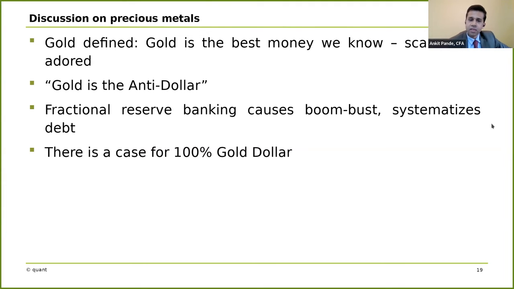And this is really the case for a 100% gold-based currency. And of course, when we say gold, it could be gold, silver. There was even copper in circulation in India. There was a 1 rupee silver coin in circulation until 1939, after which they started diluting it.